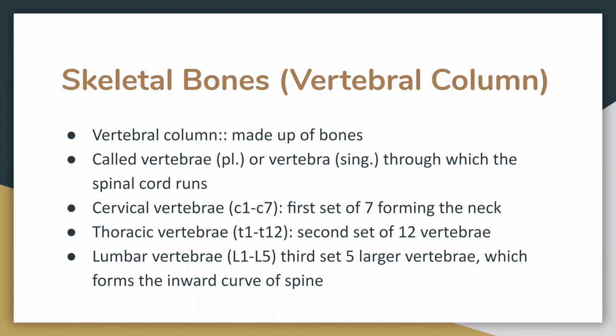Those are C1 through C7. Then you have the thoracic vertebrae, which is the second set of vertebrae. Those are 12, and that's T1 through T12. You also have the lumbar vertebrae, which are the third set of 5 large vertebrae, and that forms the inward curve of the spine, which is L1 through L5.